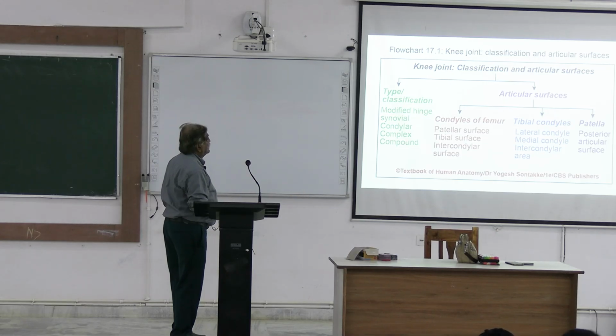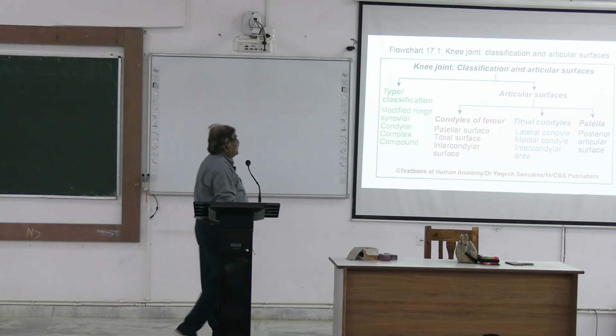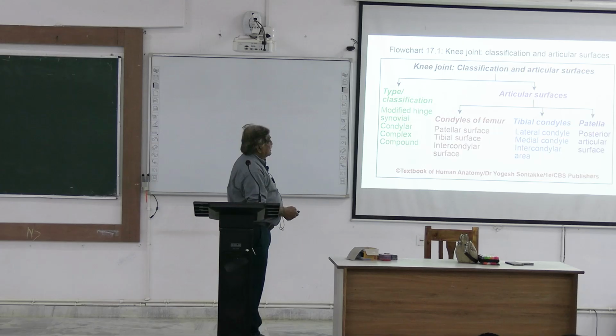Articular surfaces: condyles of the femur, tibial condyles, patella. Now patellar surface, tibial surface, intercondylar surface. Now tibial condyles, lateral condyle, medial condyle, intercondylar area, patella, posterior articular surface.